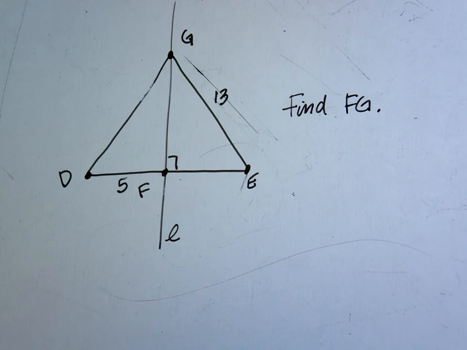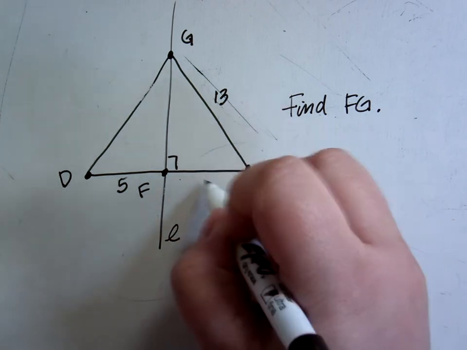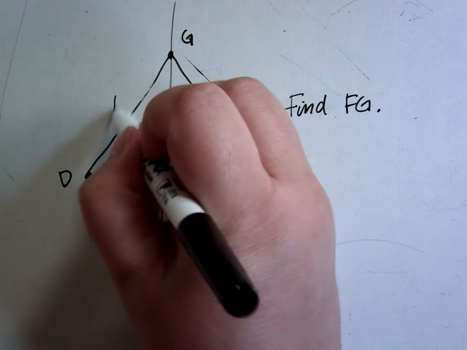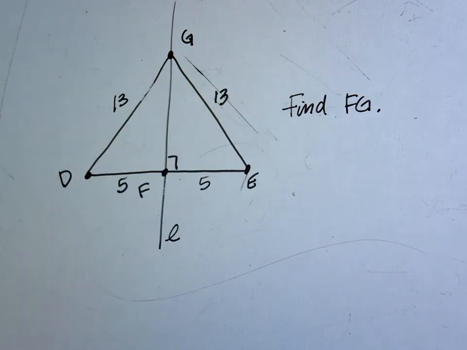Well, if this truly is the perpendicular bisector, if we have been given the information that L is the perpendicular bisector of DE, then if this is 5, this is 5. And if this is 13, this is 13. And these are right triangles.